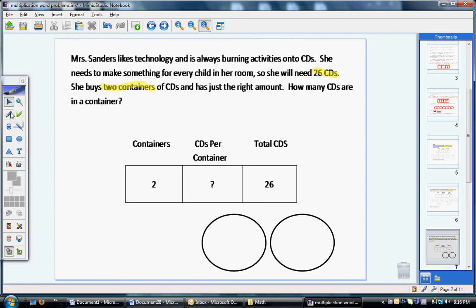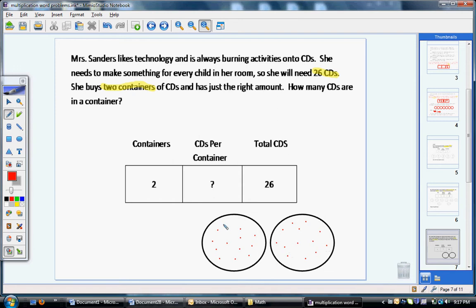I'm not sure how many each container is going to get, so I just need to start sharing. 1, 2, 3, 4, 5, 6, 7, 8, 9, 10, 11, 12, 13, 14, 15, 16, 17, 18, 19, 20, 21, 22, 23, 24, 25, 26.